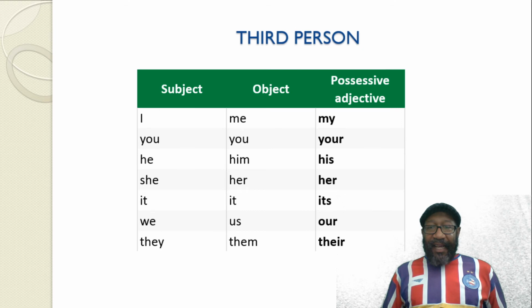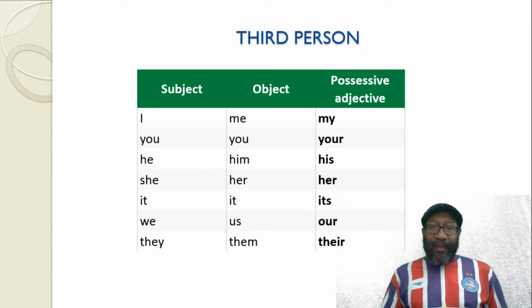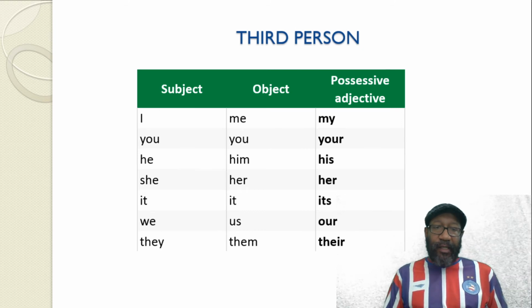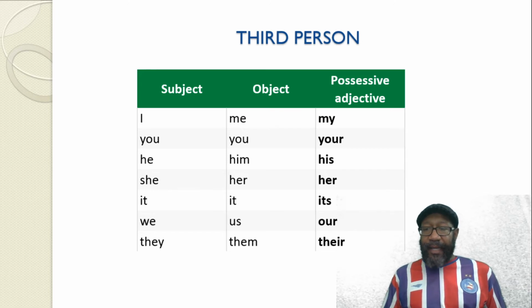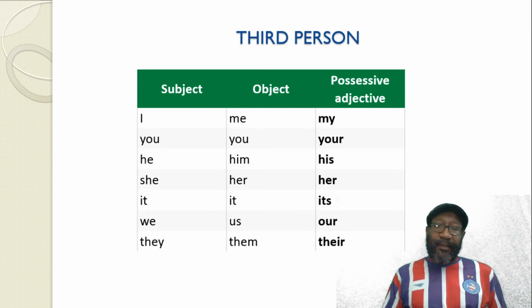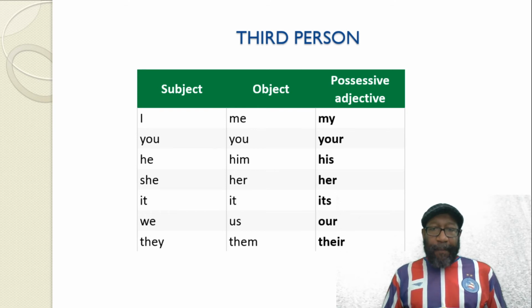And here, to pay attention to the third person, as we can see, we have he, she, it as a subject; him, her, it as an object; and his, her, its as the possessive adjective. The three of them are related to the singular, whilst they, them, and their are related to the plural.